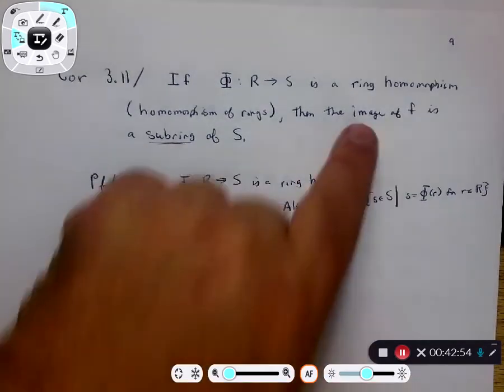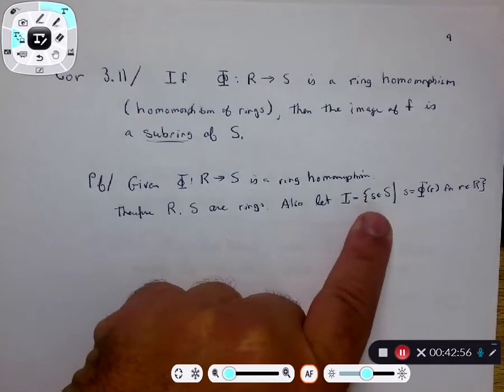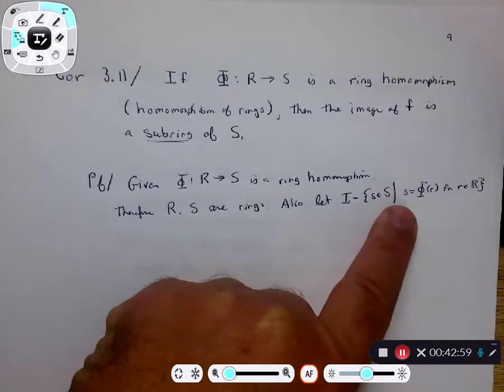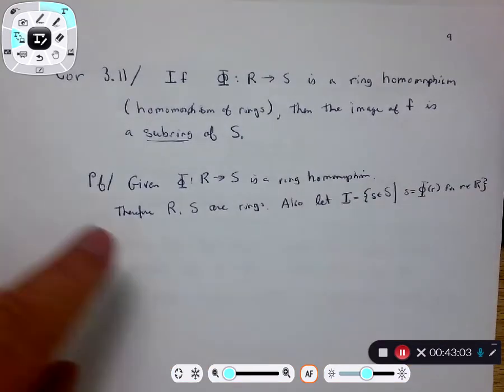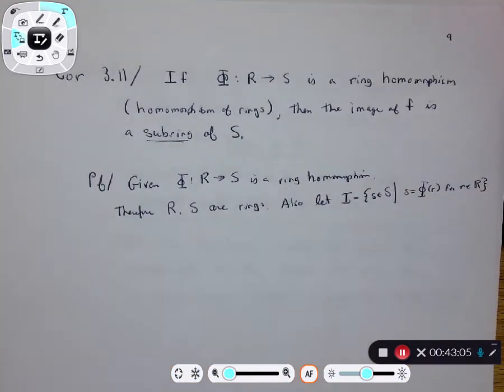We're going to prove this set, the elements of big S such that little s is equal to phi of r for some r in R, is a subring.